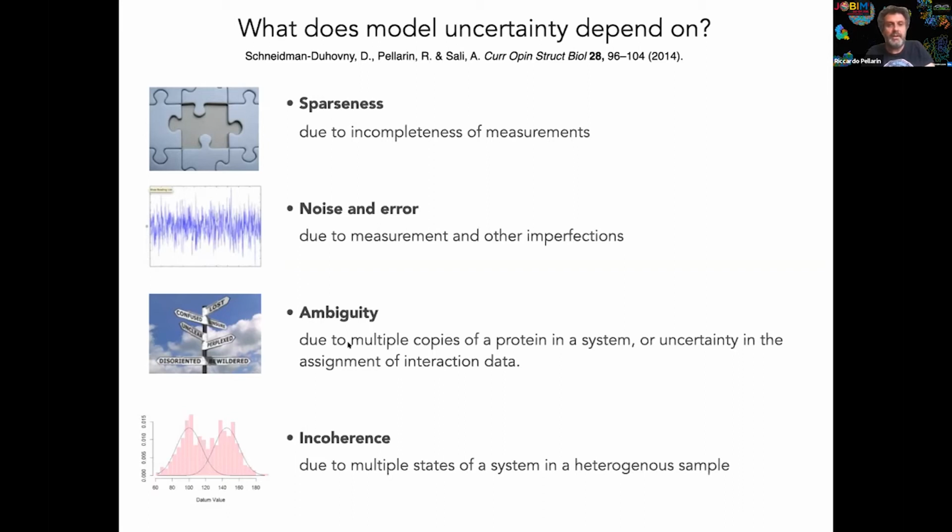They are ambiguous due to the fact you have multiple copies, for instance, of proteins, or the fact you might have uncertainty in assignment of restraints to parts of the protein or the complex. And you have heterogeneous samples. The fact that you have multiple states, multiple subpopulations, will give you incoherence in the data.